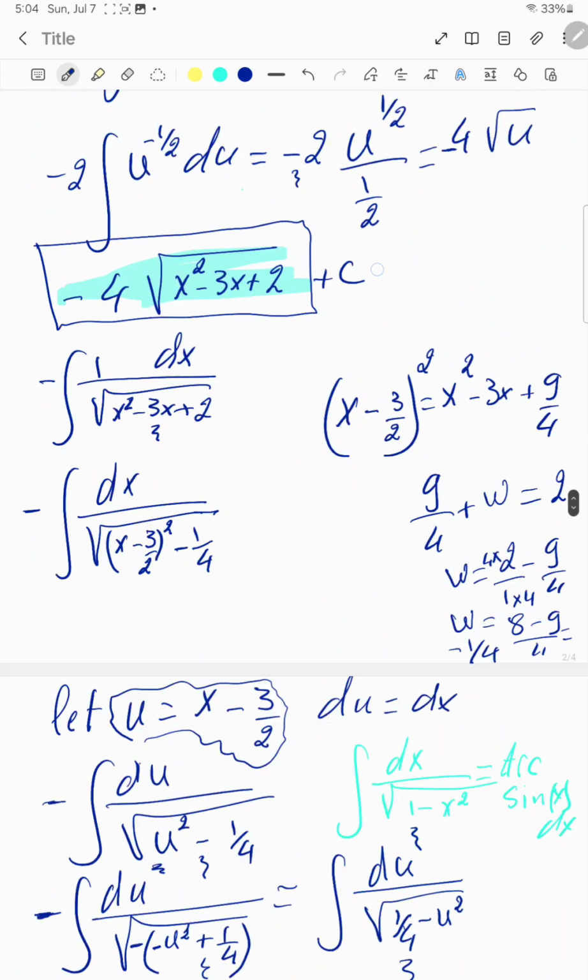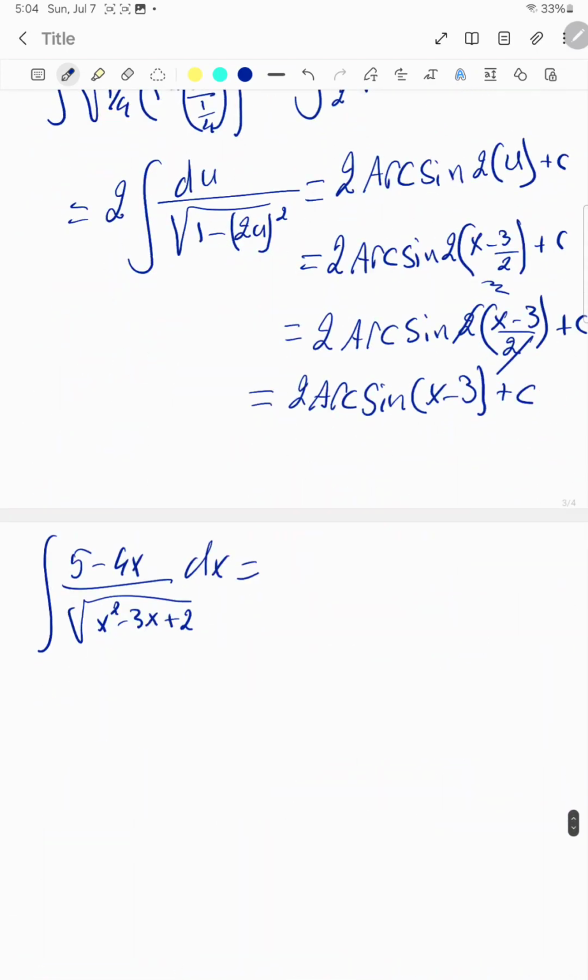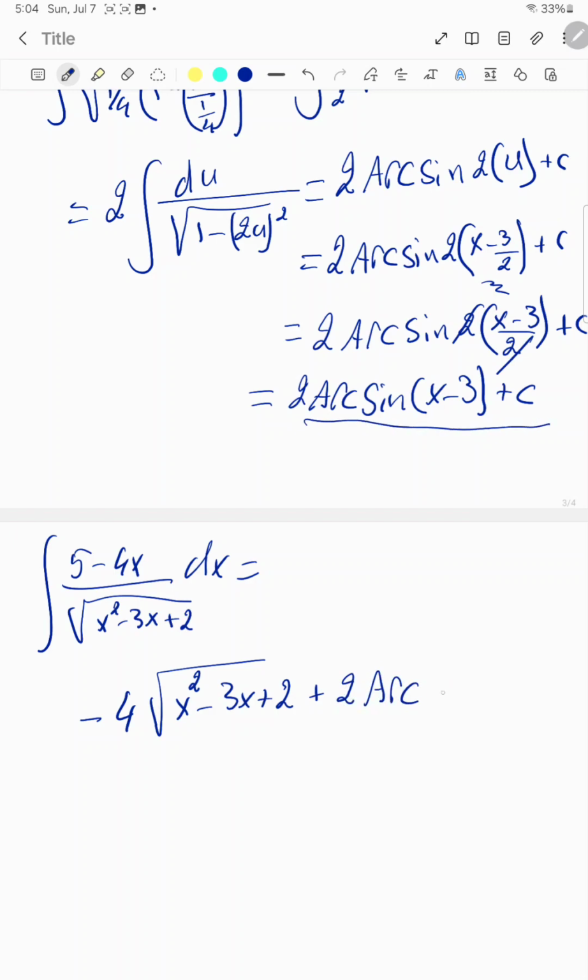So it is minus 4 times the square root of x squared minus 3x plus 2. Let's write the square root in a better way. I will put the plus c at the end, plus 2 arcsin of x minus 3 plus c. And that's the final answer.